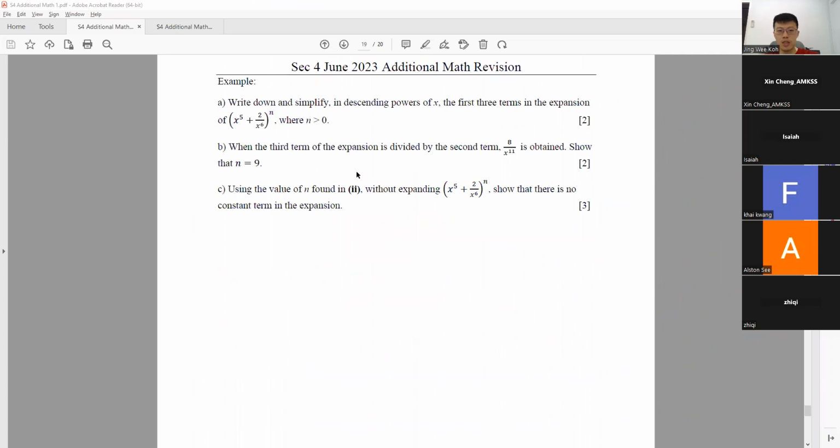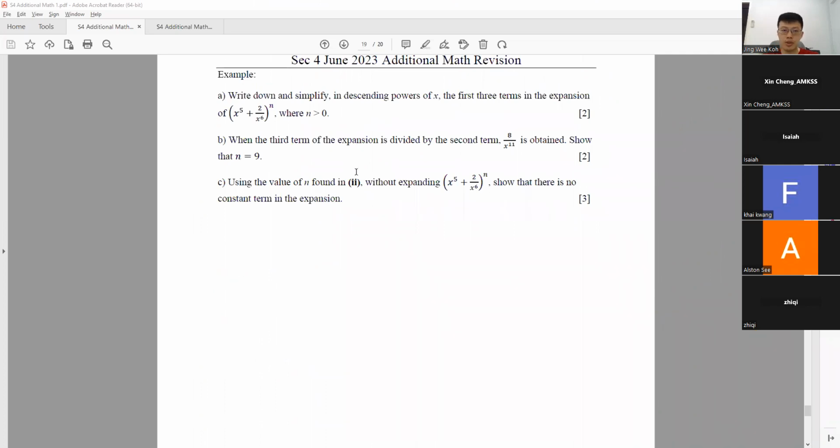Okay, the last example, as you can see, the power of n, the power of the binomial is not known. Write down and simplify in descending power of x the first 3 terms of the expansion.